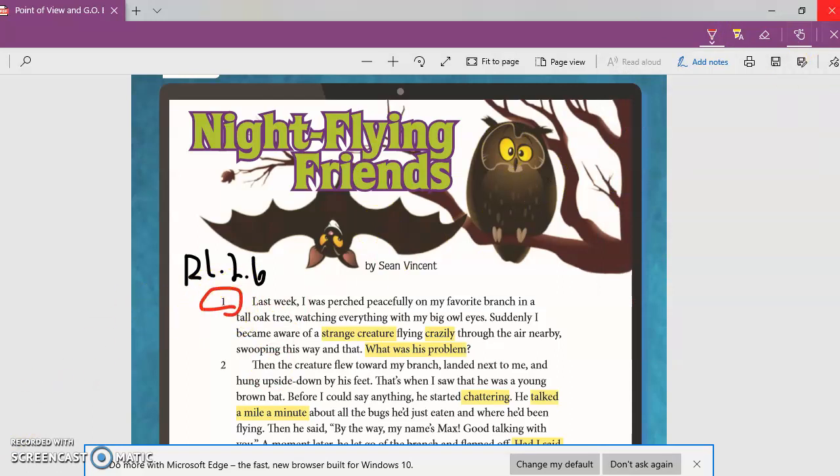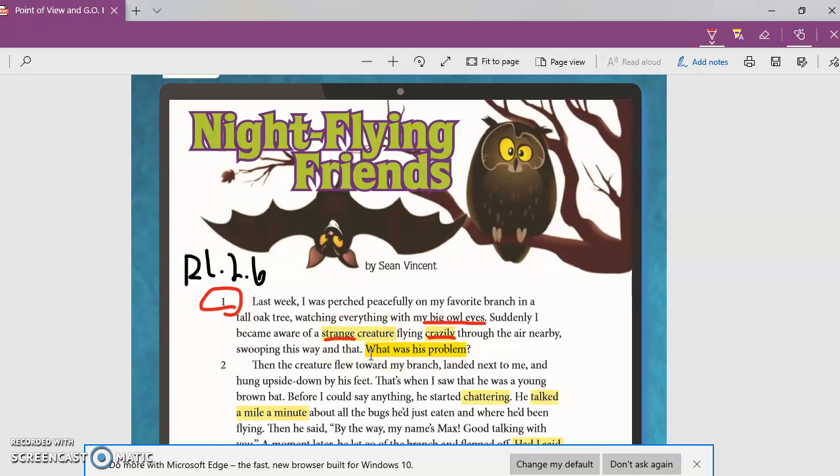Okay, so after reading paragraph 1, I notice that the narrator is going to be the owl because it says with my big owl eyes. And already I see some describing words where I can get an idea of what his point of view is. I see the words strange creature and the word crazily.